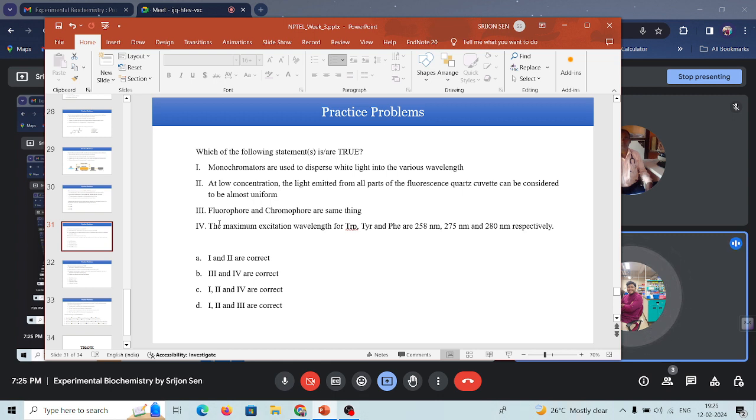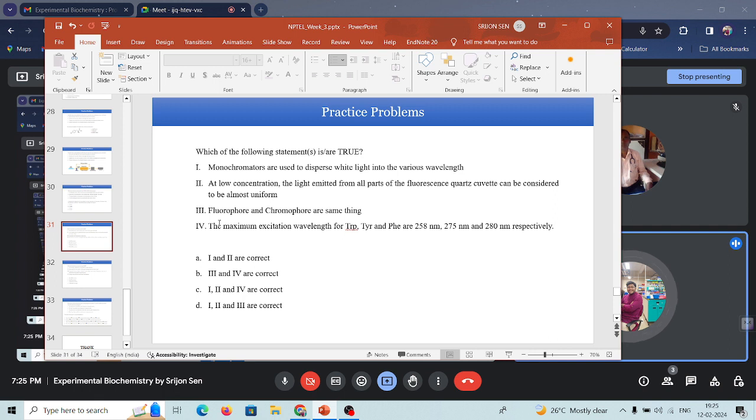Fluorophore and chromophore are the same thing, and the maximum excitation wavelength for tryptophan, tyrosine and phenylalanine is 258, 275 and 280 nanometer respectively. So we know that the last sentence is incorrect.